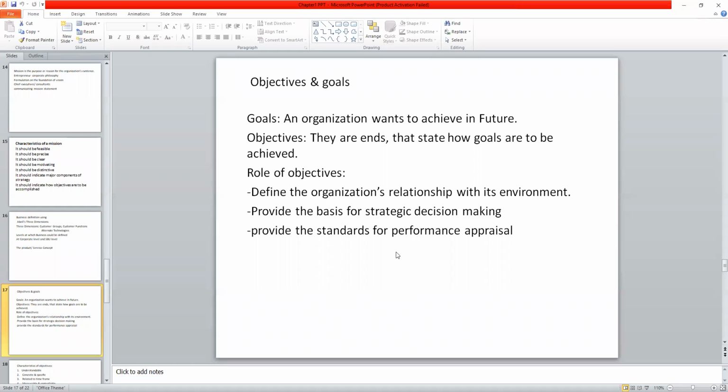They might be the competitors who offer products in the same category at a lower price, or whether the dealers or the distributors are a problem. So here the company is able to easily analyze the gap, why the company is not able to achieve the set standards. In such a way, the objectives provide the standards for performance appraisal.